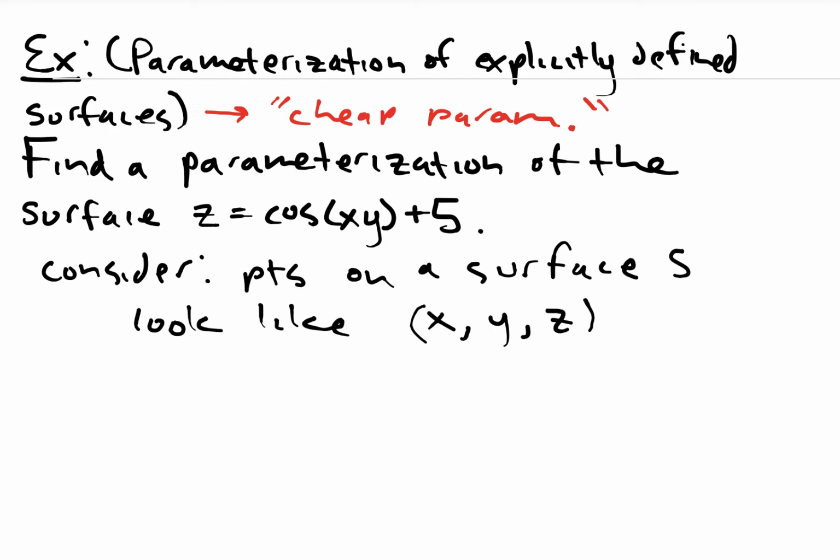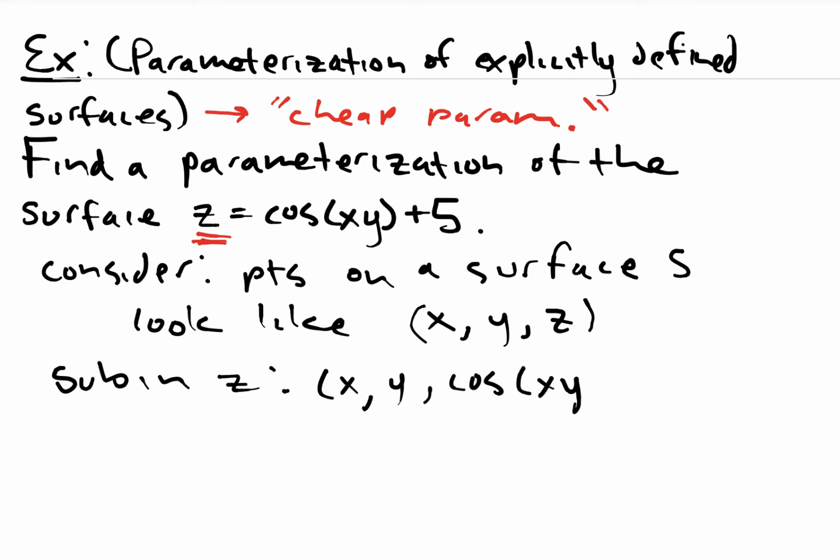Well, here I've given you guys what z is, right? So my next step could be, think about what happens if I substitute in that z. Well, if I do that, this is really x, y, and then cosine of xy plus 5.